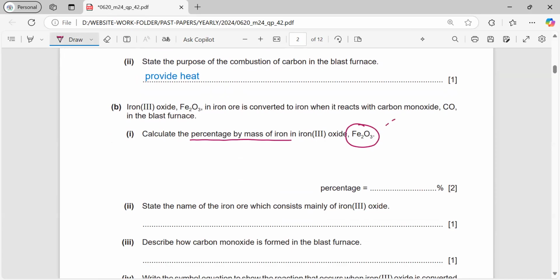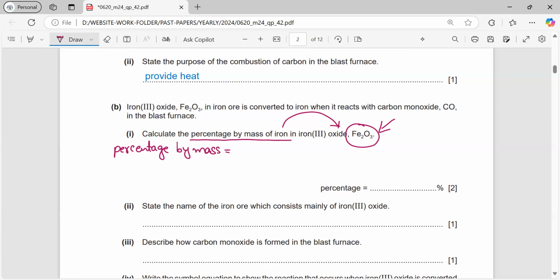Now, in this iron oxide, in the compound, we have to calculate the percentage of iron. We have the formula to find out the percentage by mass of any element.